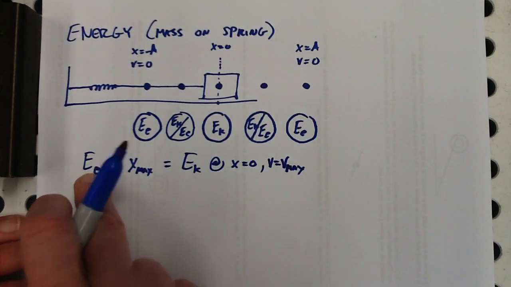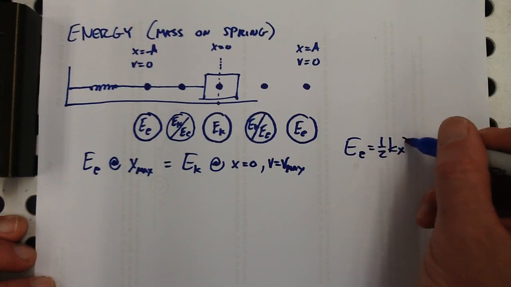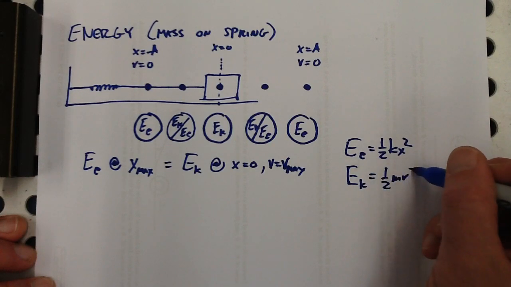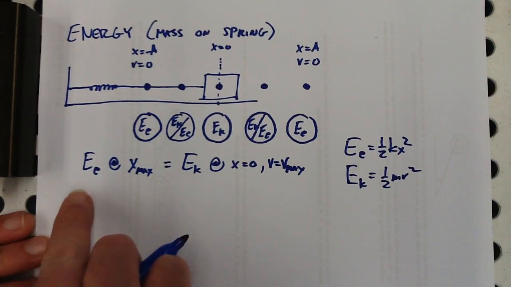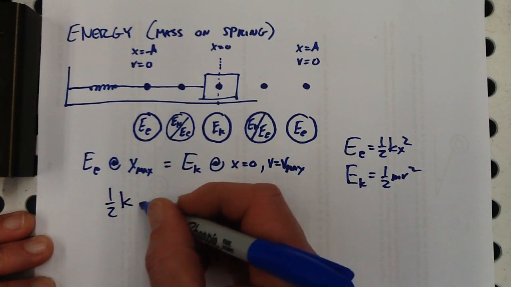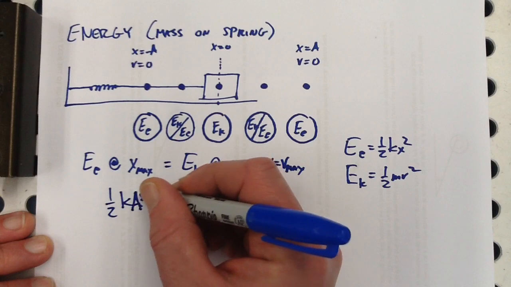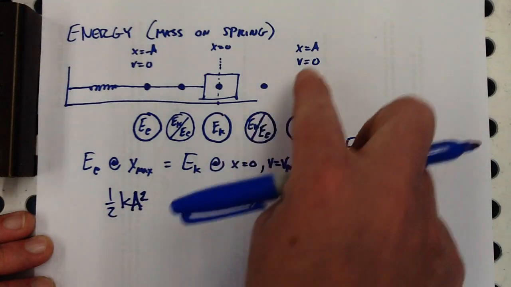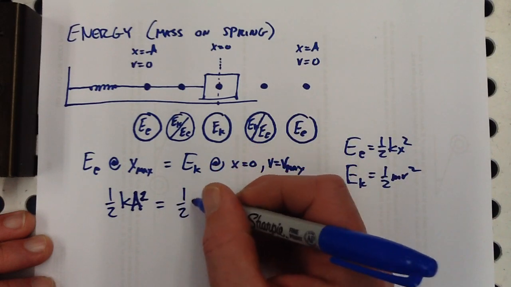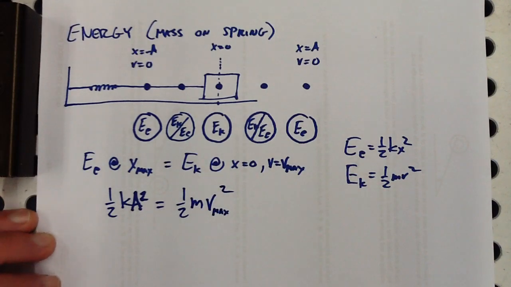Okay, so remember that EE is equal to 1/2 kx squared, and EK is equal to 1/2 mv squared. So that means here that 1/2 k times x max, but the x max is my amplitude, so 1/2 k A squared must be equal to EK, 1/2 m v max squared.